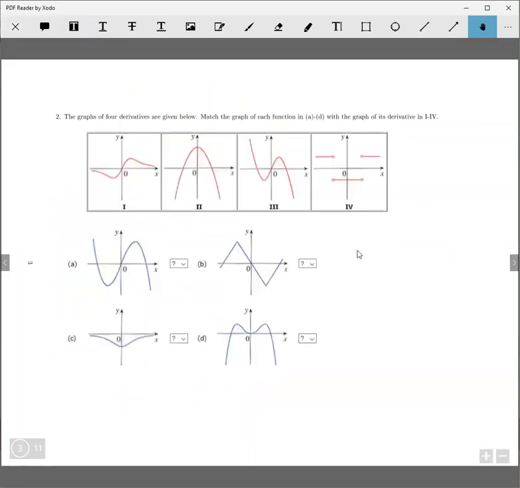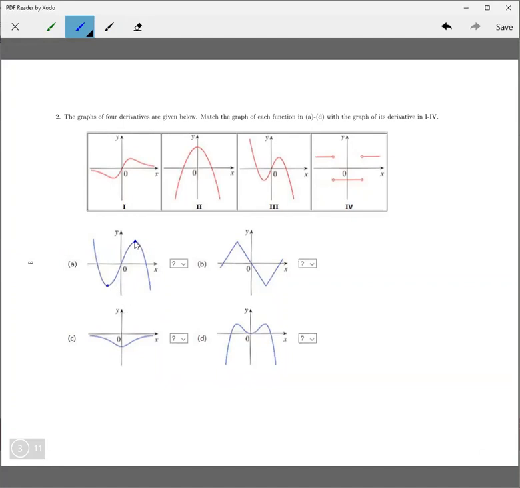Okay, let's look at number 2. The graphs of 4 derivatives are given below. Match the graph of each function, A through D, with the graph of its derivative. So these are functions, and these are derivatives. Okay, so let's look at this one here first. Some things to note is that the derivative is 0 here and here.